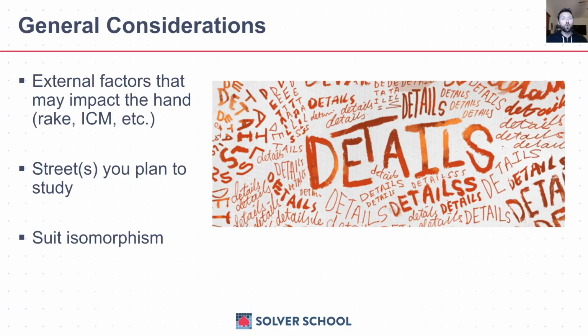Ace of clubs, queen of diamonds, jack of spades is going to model the exact same way as ace of hearts, queen of diamonds, jack of clubs. It's just a rainbow board where the ace, queen, and jack are on the board. Suit isomorphism just demonstrates to us that it doesn't necessarily matter the particular suits as long as the overall structure of the board is the same from one hand to another. We can take the findings from any rainbow board and apply them to another rainbow board that has the same card ranking.